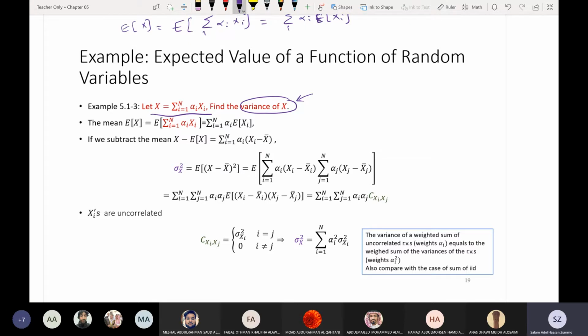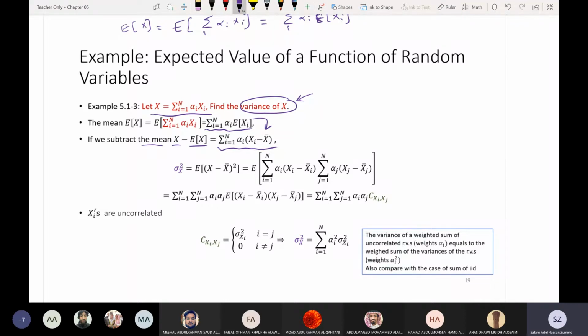Let's see. If we subtract the mean من x يصير x minus expected value of x. Now if you put the expected value of x اللي وجدناها قبل كده inside the expectation, then basically we get this: summation i goes 1 to n of alpha i multiplied by xi minus x bar.